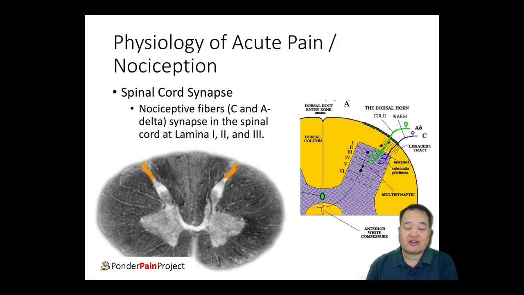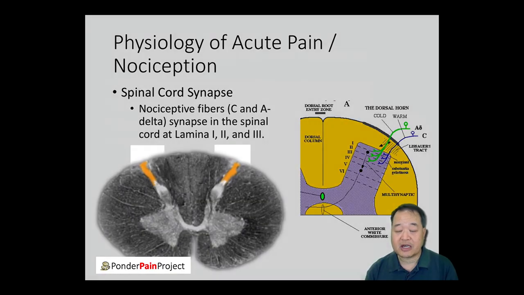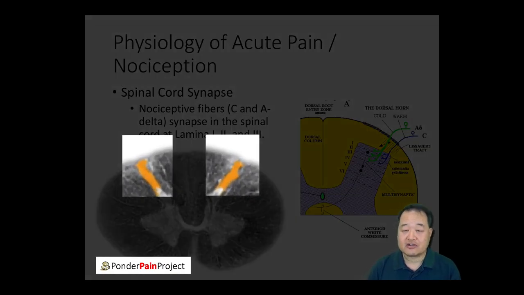Once we get from the periphery, those nociceptive-specific neurons transmit information and synapse at the spinal cord. But they don't synapse all over the spinal cord. They synapse in a specific region called the substantia gelatinosa.